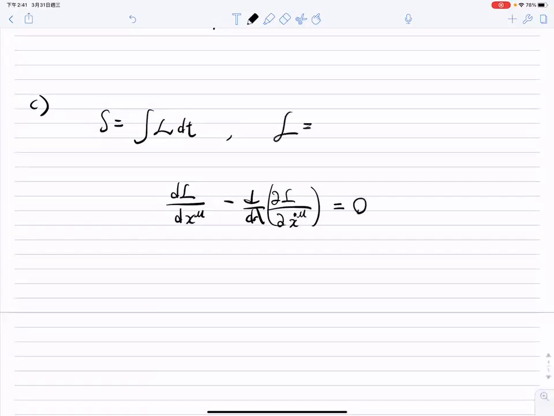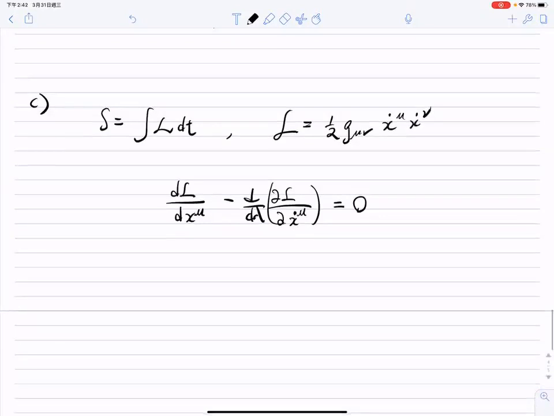And the Lagrangian is given to be 1/2 times g mu nu times x dot mu times x dot nu. So you can try now.